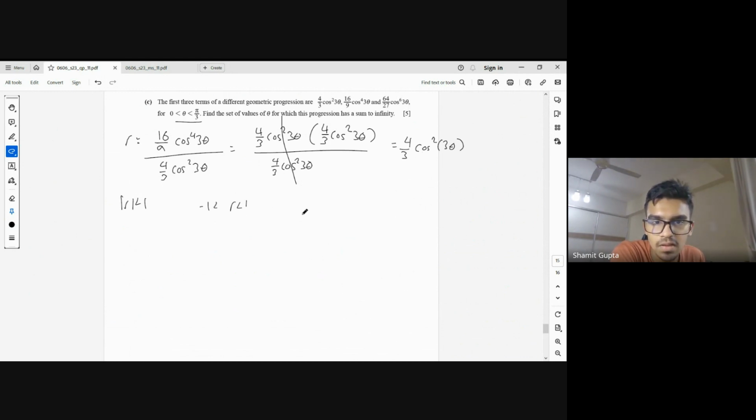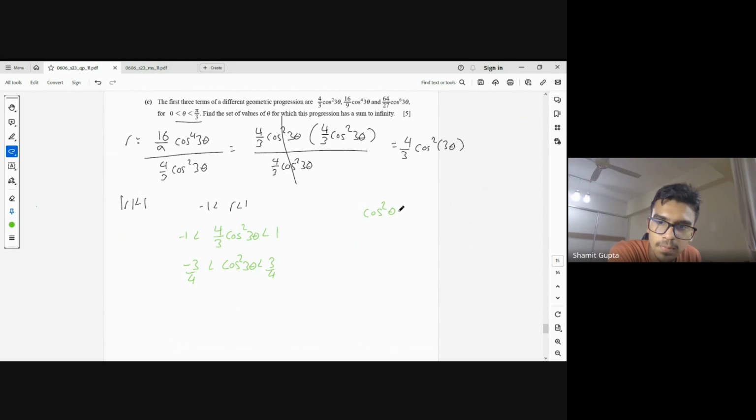That means 4/3 cos square 3 theta should be between 1 and -1. And they've also given this condition, so we'll have to satisfy both. So actually cos square 3 theta is less than 3/4 and greater than -3/4. Notice how cos square 3 theta will always be bigger than -3/4 no matter what, because anything squared is always positive.